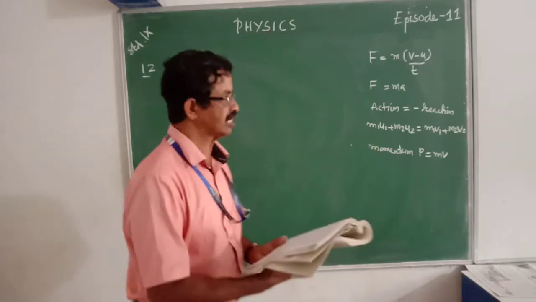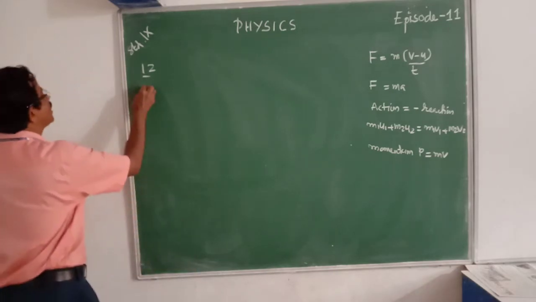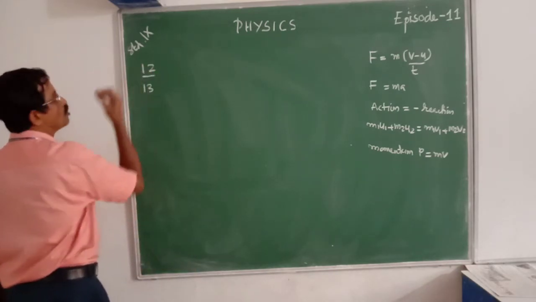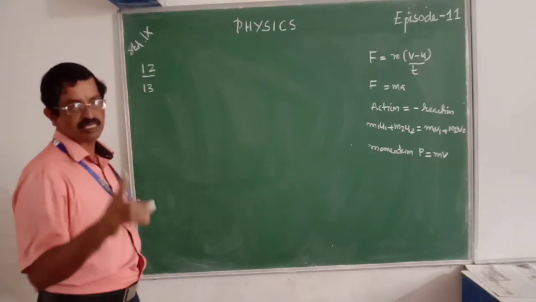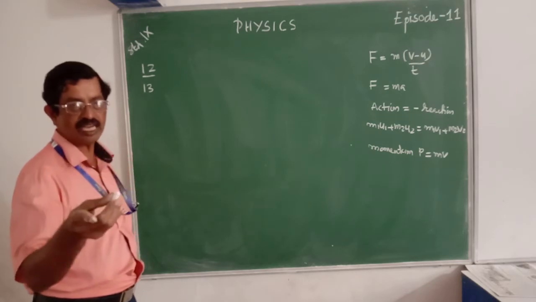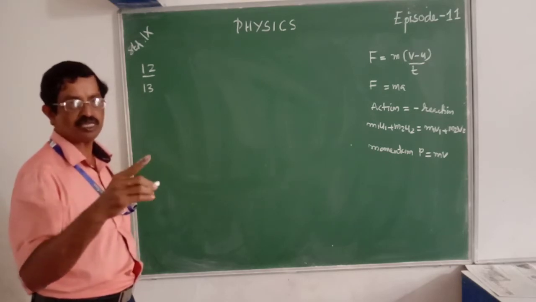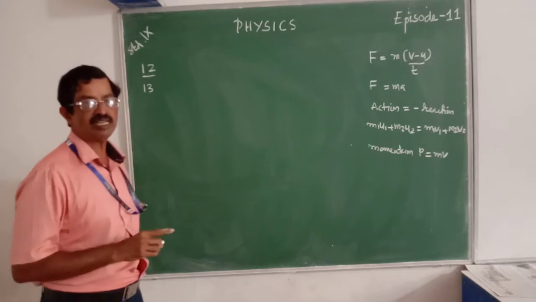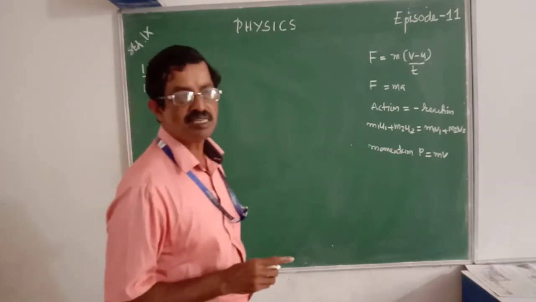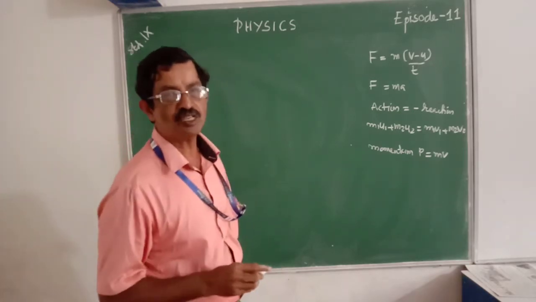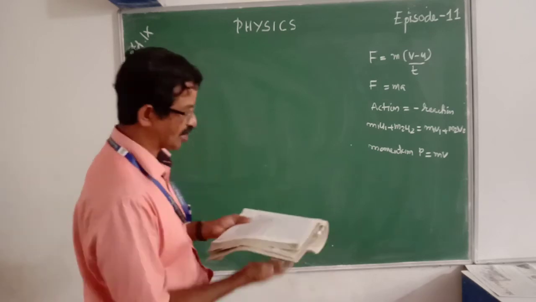And now question number 13. In the 12th answer, you got that action and reaction do not cancel, because the truck is not moving for the reason that the force applied is not sufficient to overcome the friction.